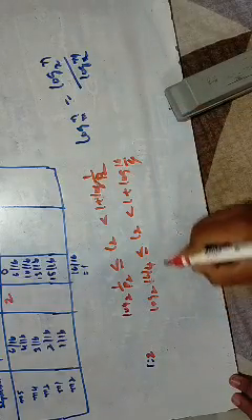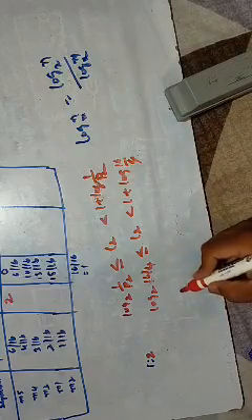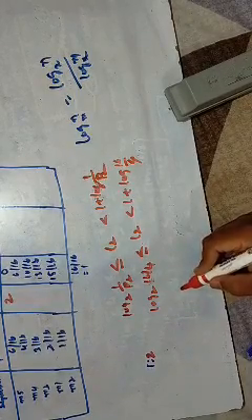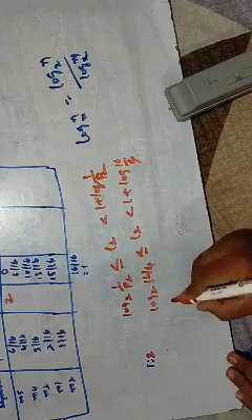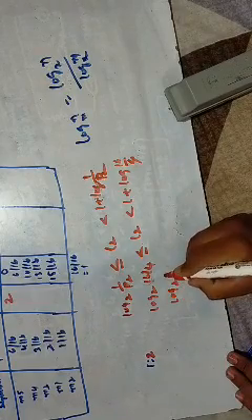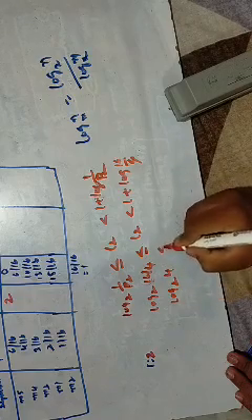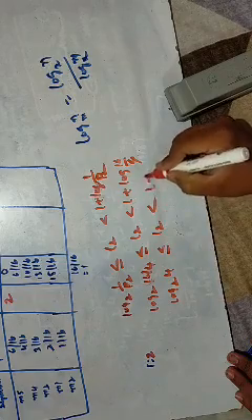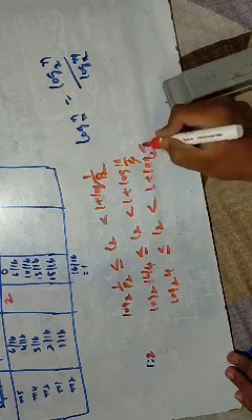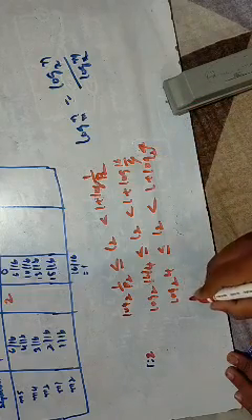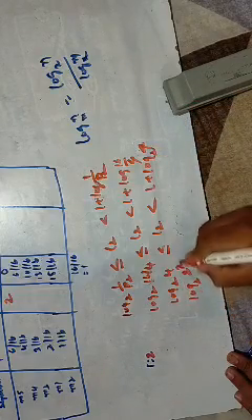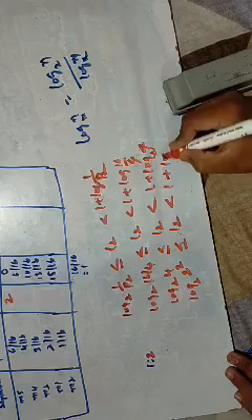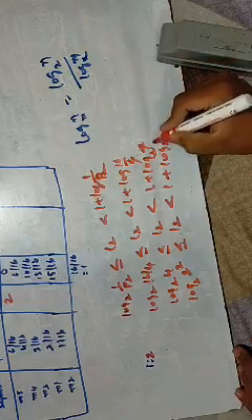Solving this, we get the value: log 2 of 4 less than or equal to L2 less than 1 plus log 2 of 4. 4 you can write as 2 to the power of 2.